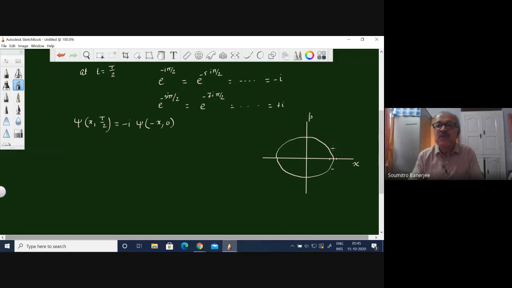So if you now plot it, it's something like this. Sorry, badly. It is something like this. So this represents the uncertainty: the uncertainty in x is smaller, the uncertainty in p is larger.